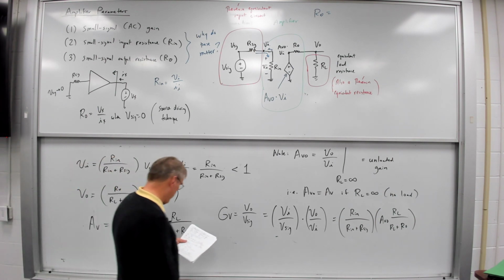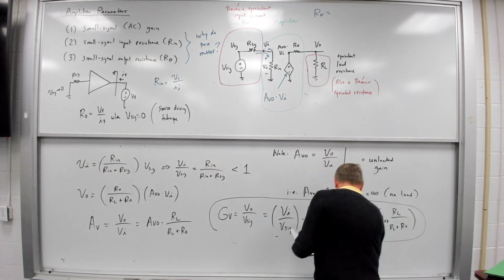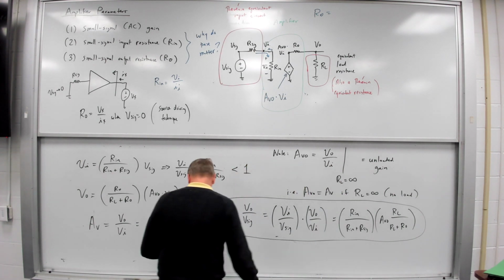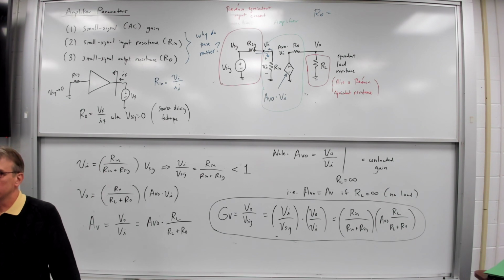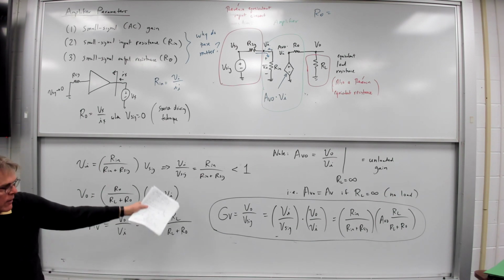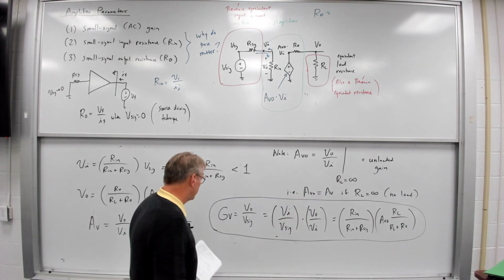And here I have the gain. G sub V is the gain of the entire system. This is the gain of the amplifier, including the effects of R sig and RL.